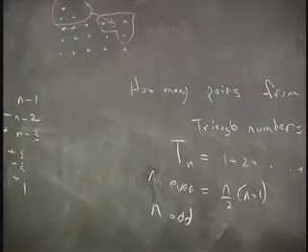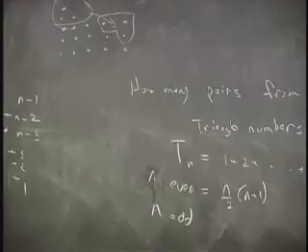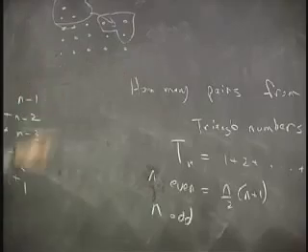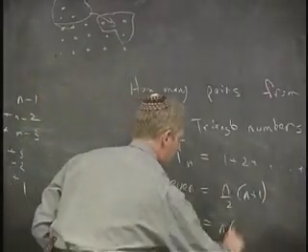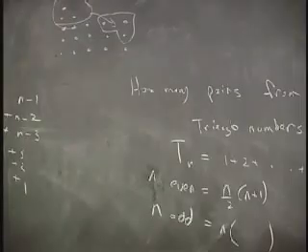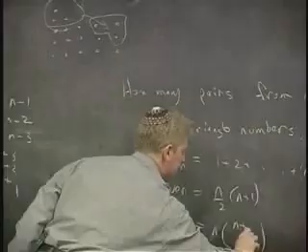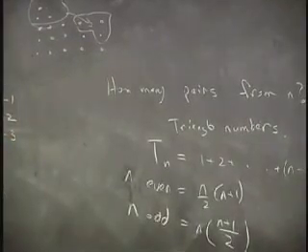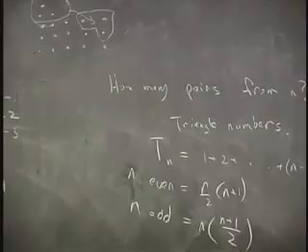What are the dimensions of my new thing now? This is still going to be n, right? And what's this part going to be? N plus 1 over 2. There's a proof. Okay, it's a geometric proof.